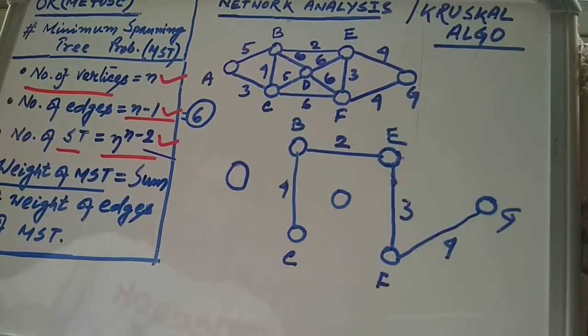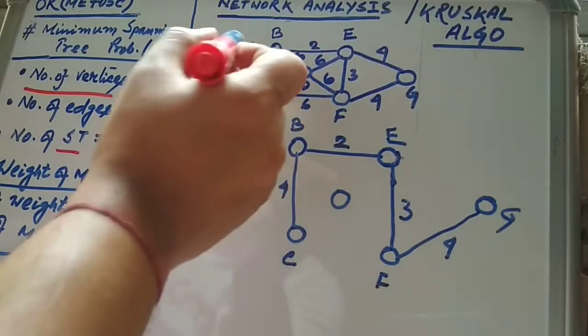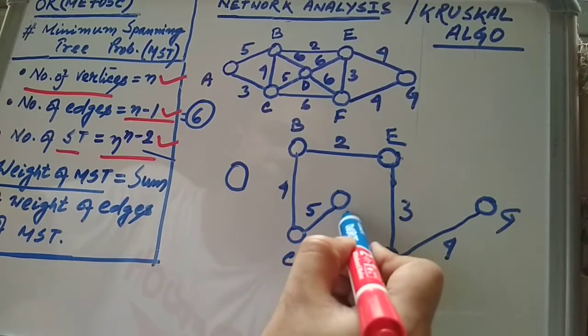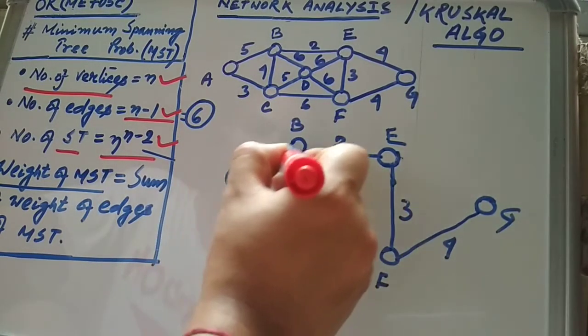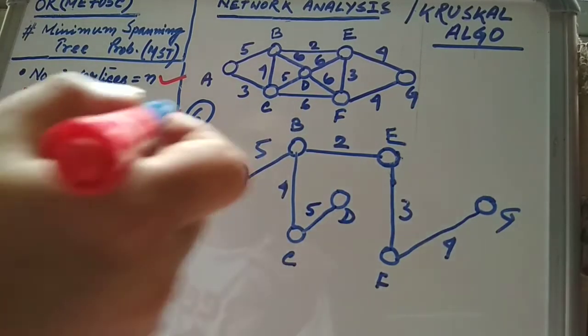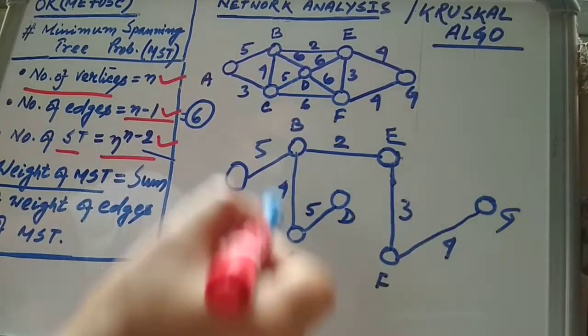Now coming to the next possible entry, which is 5. 5 is over here, 5 for D, and also over here this is 5. Now 3 was also here, but we cannot construct 3 over here, because it will make a loop.